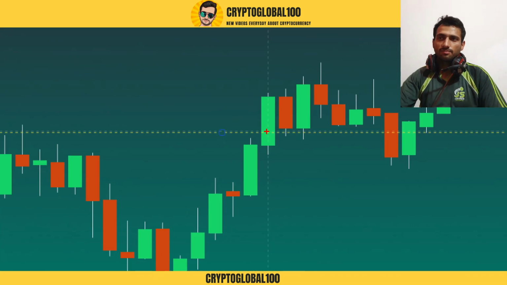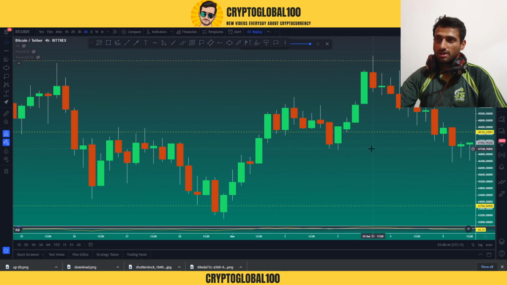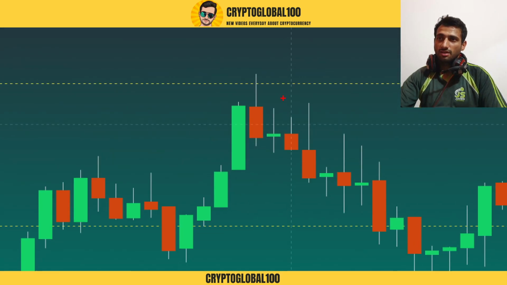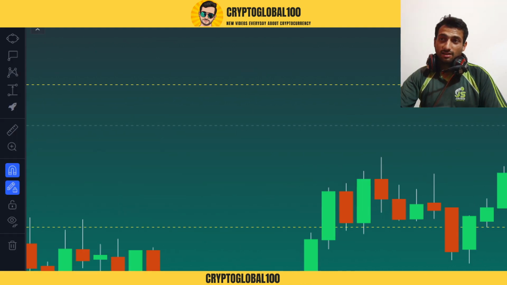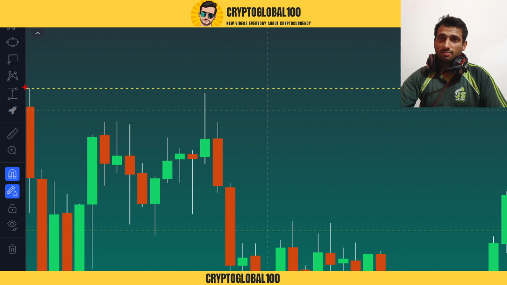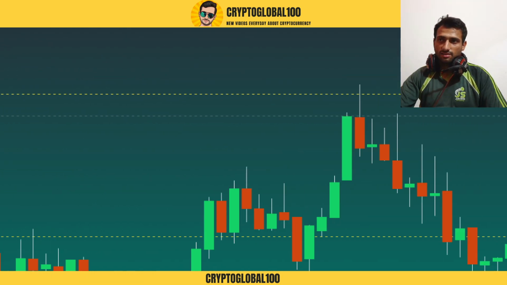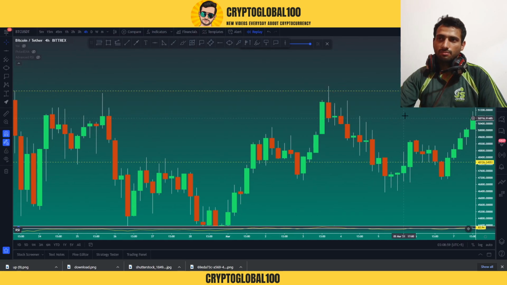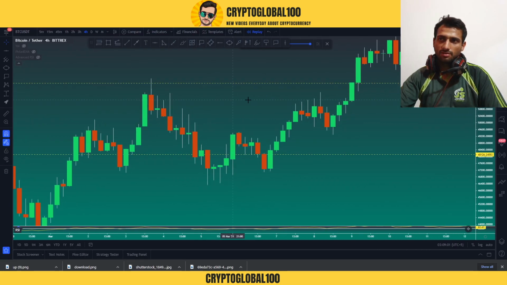What happened here? The price went up and broke this area, and it was again tested, got rejected from the downside, making it a support level. If I move on, here again it tested a second time. Okay, you can see here, first it was a confirmation, second it was a test, third time it was a test but got rejected. What happened next?